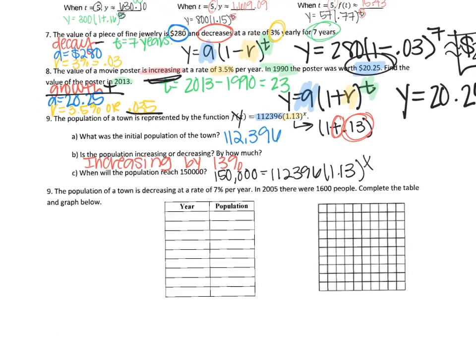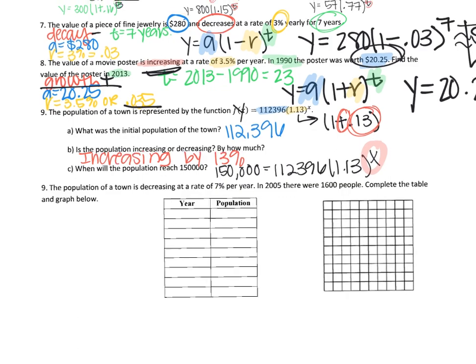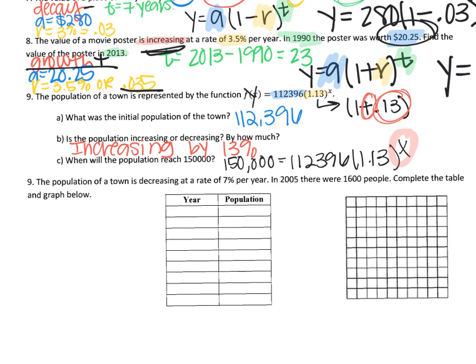So once you get this, I would graph it on Desmos, or you could start plugging in numbers here to figure out when it's going to be a population of 150,000. And so when you graph it or you start plugging in numbers, you're going to realize it's between 2 and 3 years.